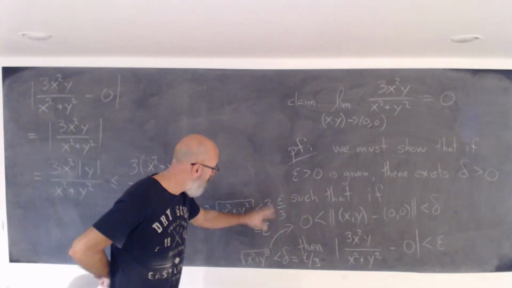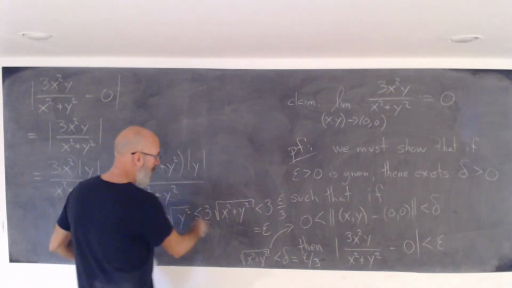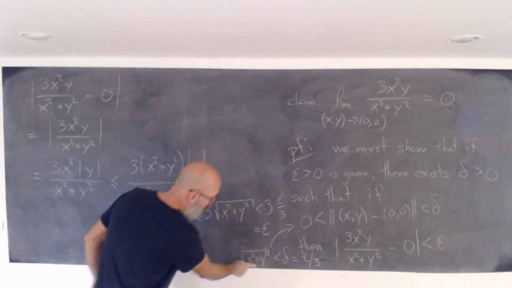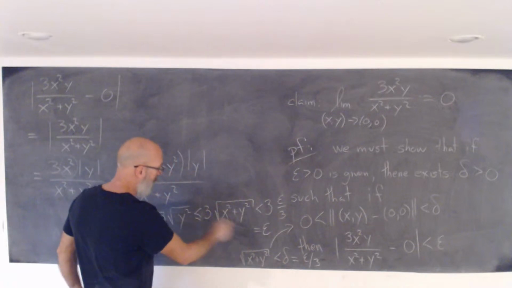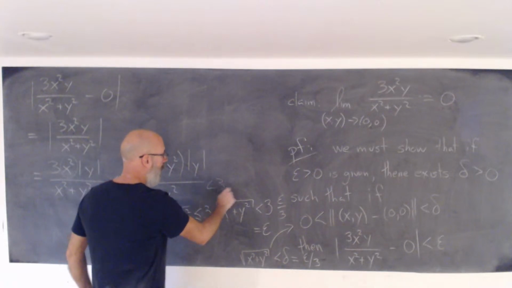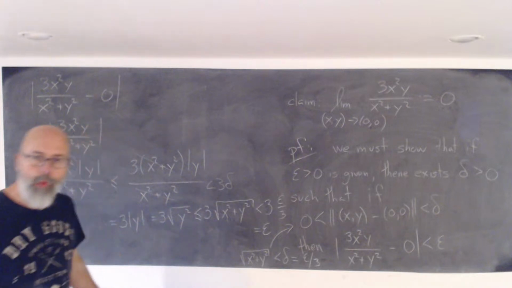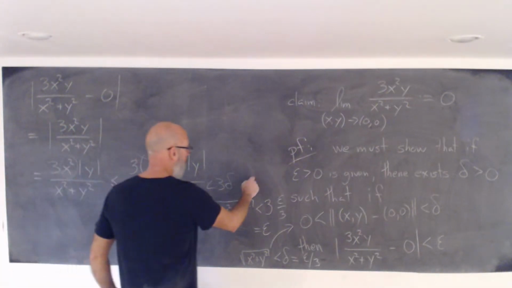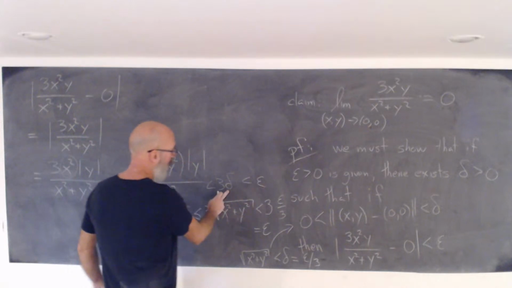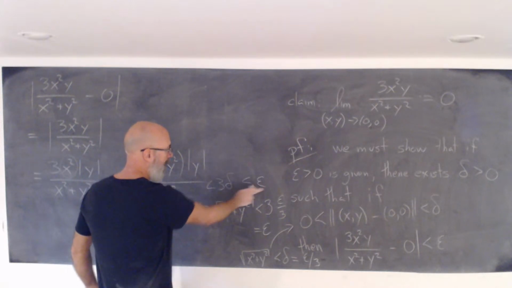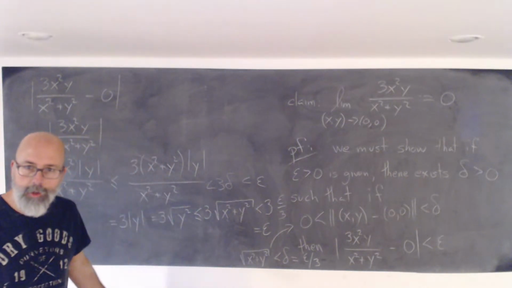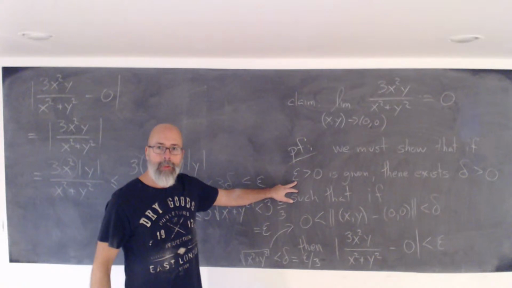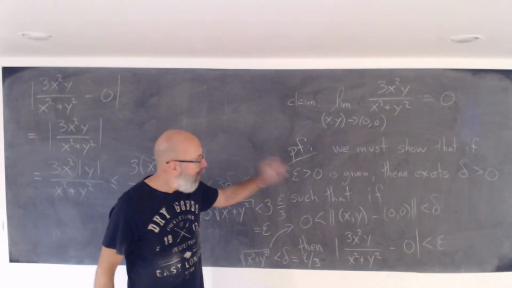This thing, 3 times the square root of x squared plus y squared, was less than delta, so here we had less than 3 delta. But what we want is not 3 delta, we want epsilon. So if you replace delta with epsilon over 3, you're good to go. We have no choice as far as epsilon is concerned.